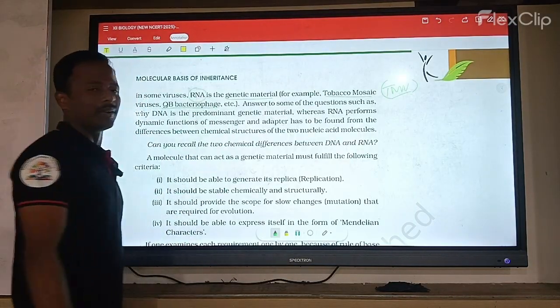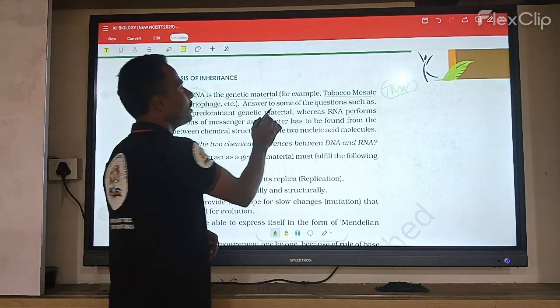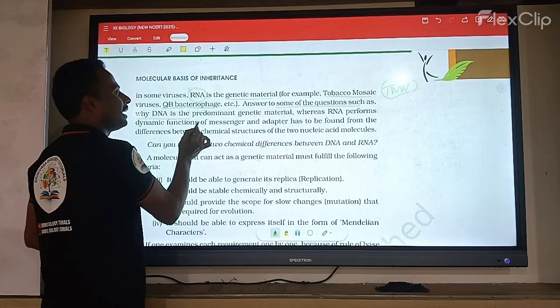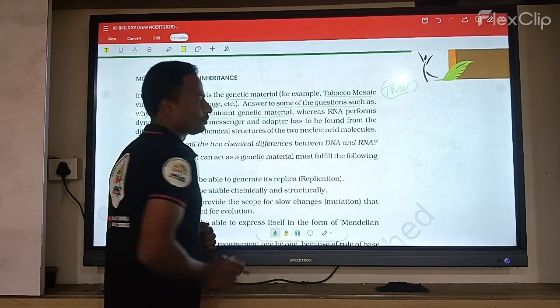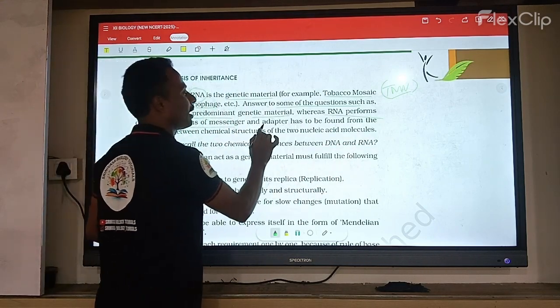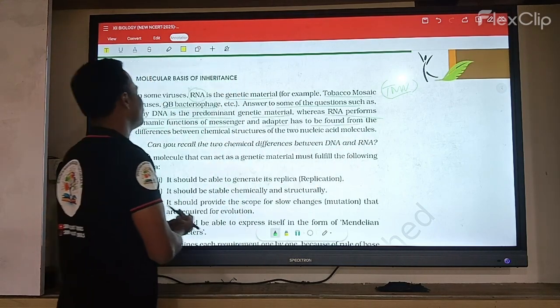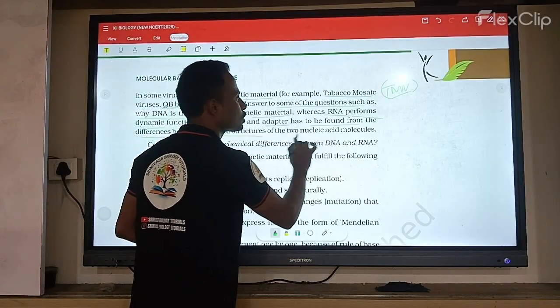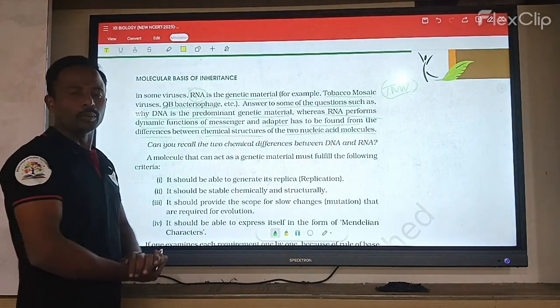Now, the answer to questions such as why DNA predominates as genetic material, whereas RNA performs dynamic functions as messenger and adapter, is found in the difference between the chemical substances of the two nucleic acid molecules.